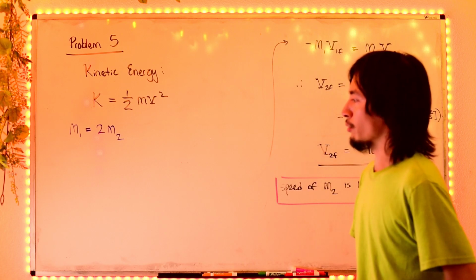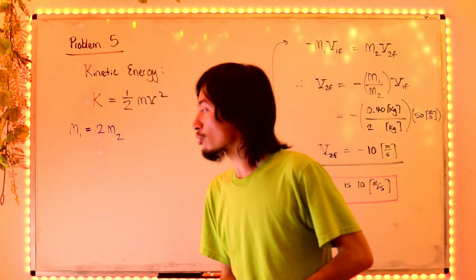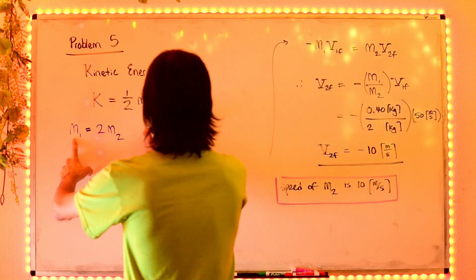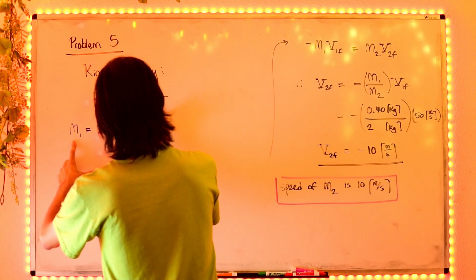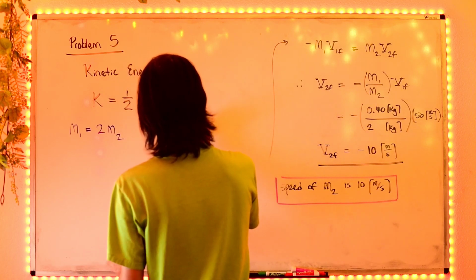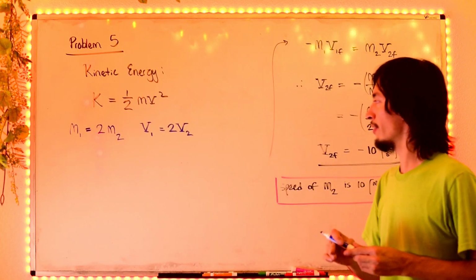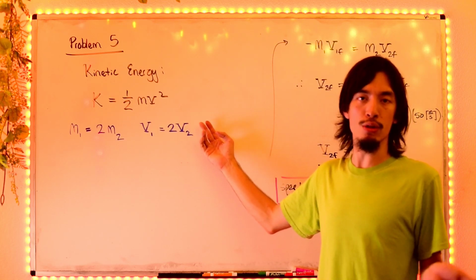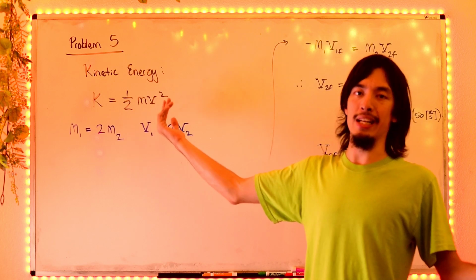The other statement that we're going to write is that it's thrown twice as fast. So that means the velocity v1 is 2 times the velocity of 2. So for a speed of, let's say, 10 meters per second for v2, v1 will be 20.